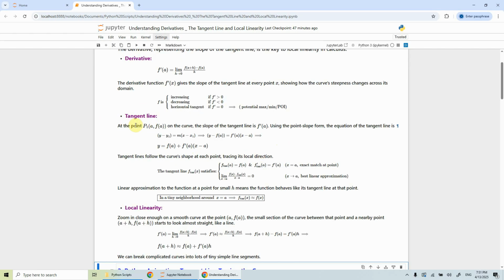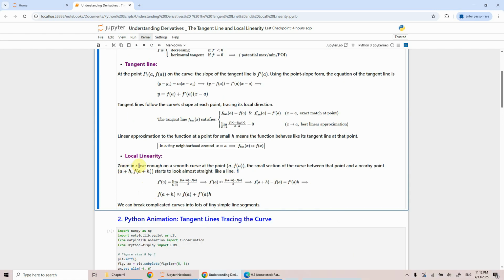Tangent lines don't just touch the curve. They exactly and perfectly trace the curve, providing the best linear approximation to the function at every point across the domain. That means in a small neighborhood around x equals a, the tangent line can be used to approximate the corresponding portion of the curve.